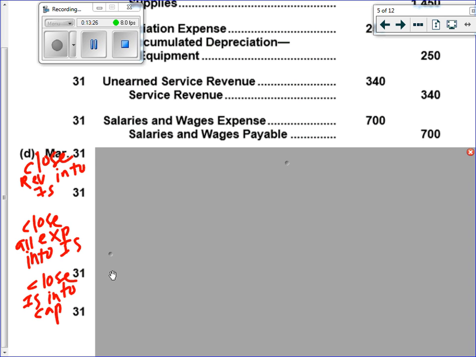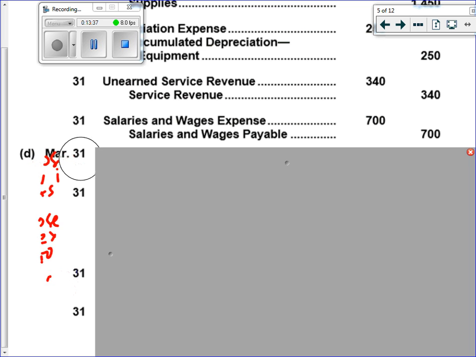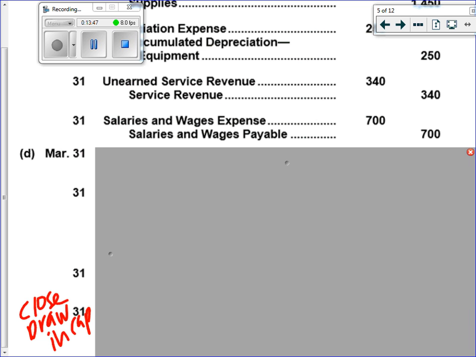And that becomes their share of either the net income or net loss. And then the last one, we close or zero out drawing into capital. We're going to try this without my little form just to see how you do.